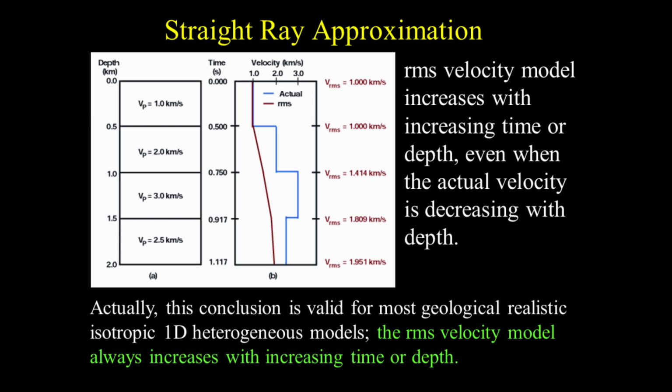We can notice that the RMS velocity model increases with increasing time or depth, even when the actual velocity is decreasing with depth. Actually, this conclusion is valid for most 1D realistic geological isotropic heterogeneous models. The RMS velocity model always increases with increasing time and depth.